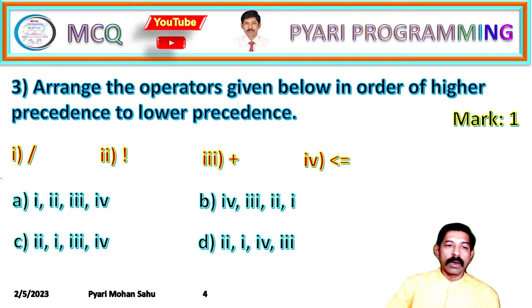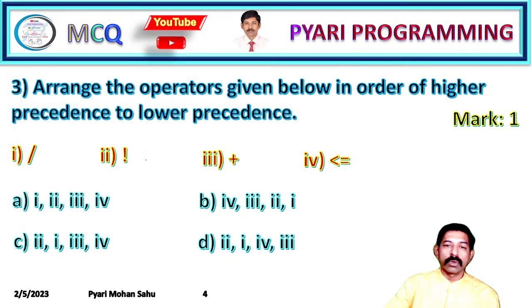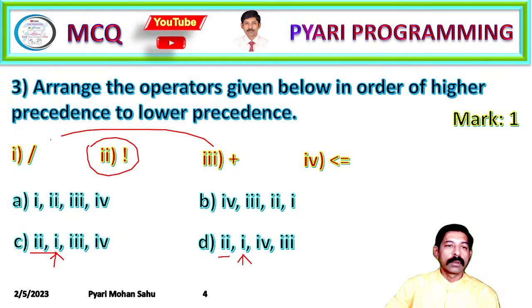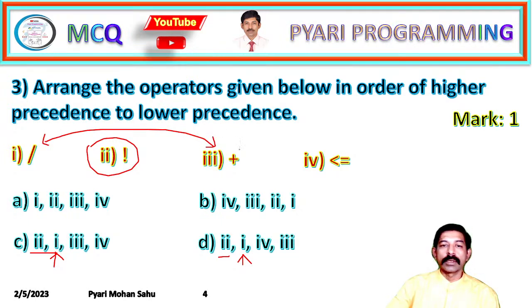Here it says that option 2 is the beginning. Here it also says that option 2 is the beginning. In both the cases we are having 2, so I will compare with the next one. Next one it is saying 1. Here it is also saying 1. So which one is 1 here? This one, because after selecting this one, we have these two operators, which are binary operators. This is also binary, this is also binary.